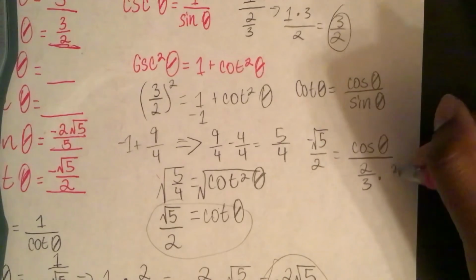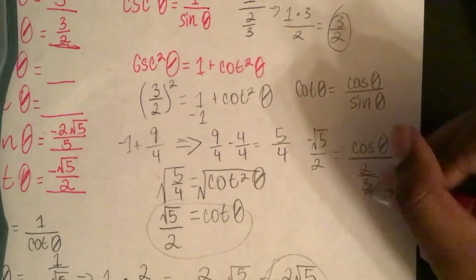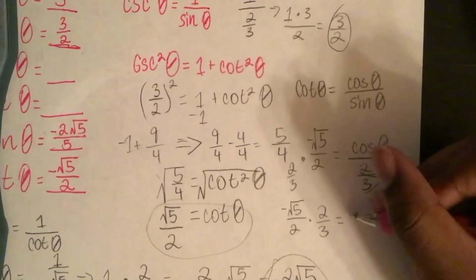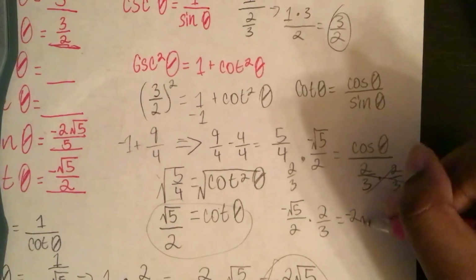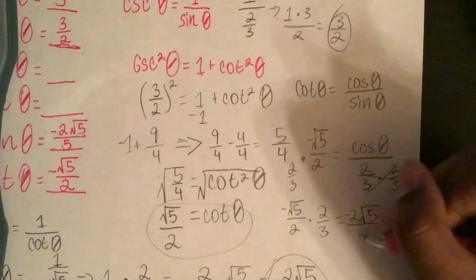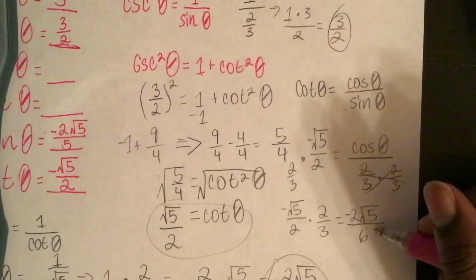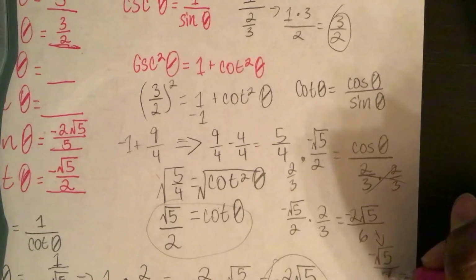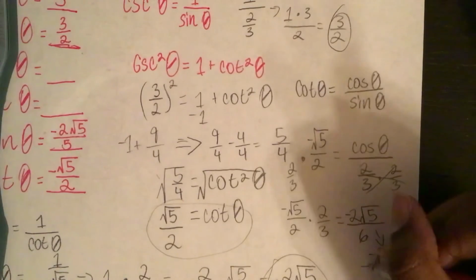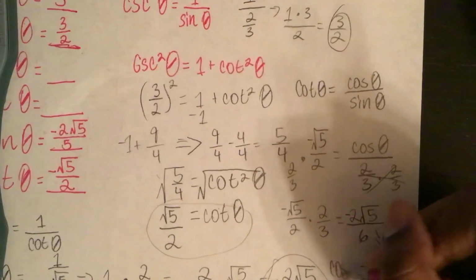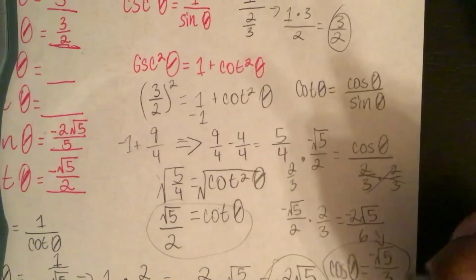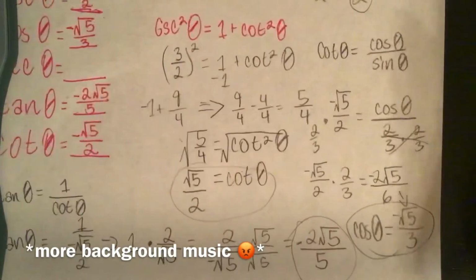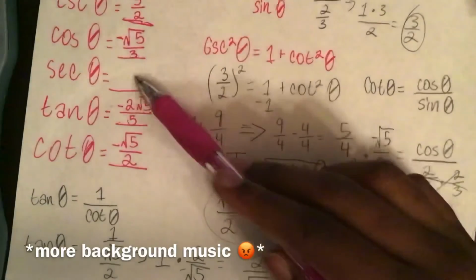Multiply by 2/3, and we get negative 2 times the square root of 5 over 6, which is going to simplify to negative square root of 5 over 3. And that's going to be equal to cosine of theta. Now, using the reciprocal identity once more, we can find the value of the secant of theta.